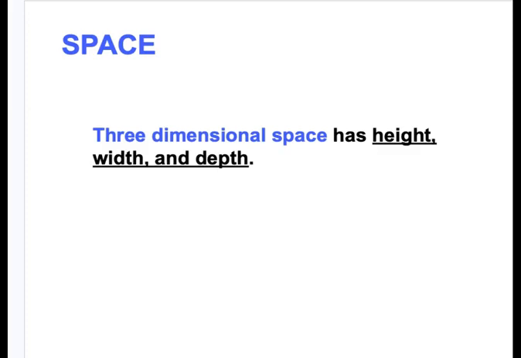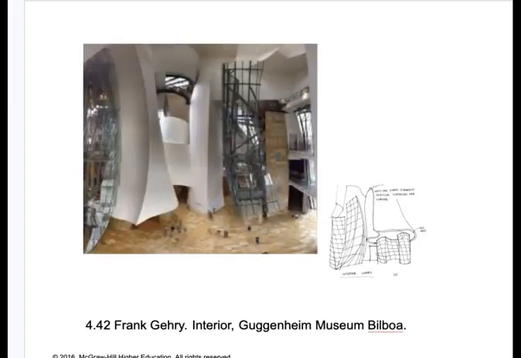Three-dimensional space has height, width, and depth. So here will be an example. It's the interior of the Guggenheim Museum, and you can see how the design of this building is really a specific space.